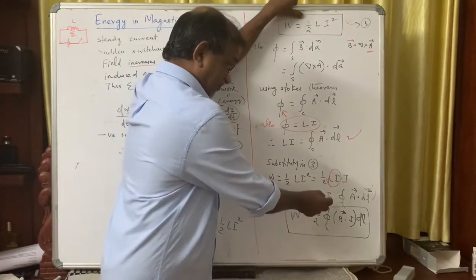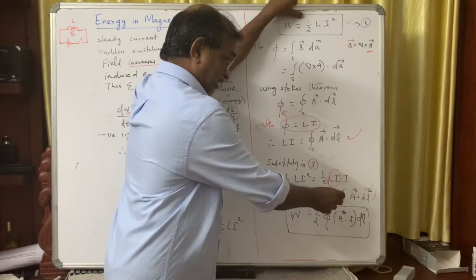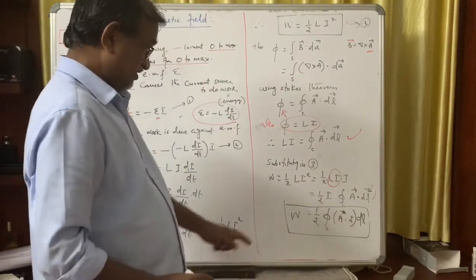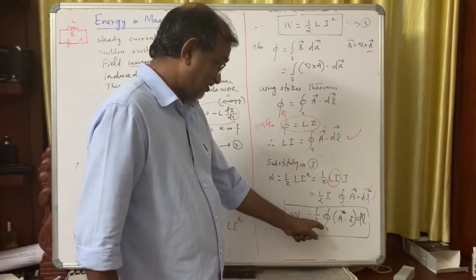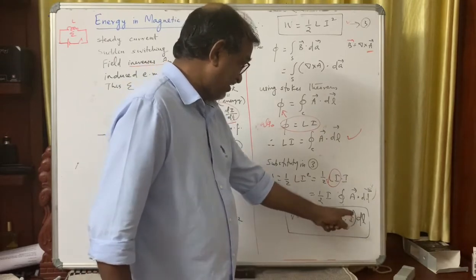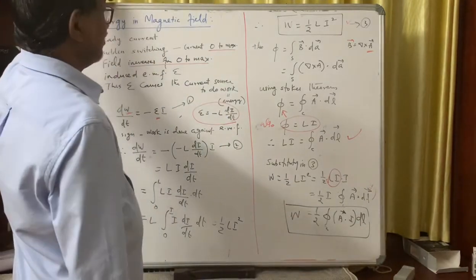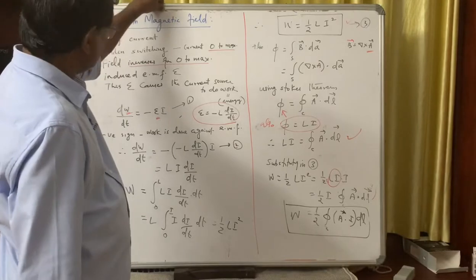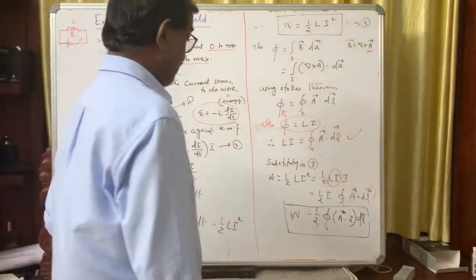You are getting W equal to half I into the closed line integral of A dot dl, which is W equal to half the closed line integral of A dot I dl. This is the energy produced in the magnetic field.